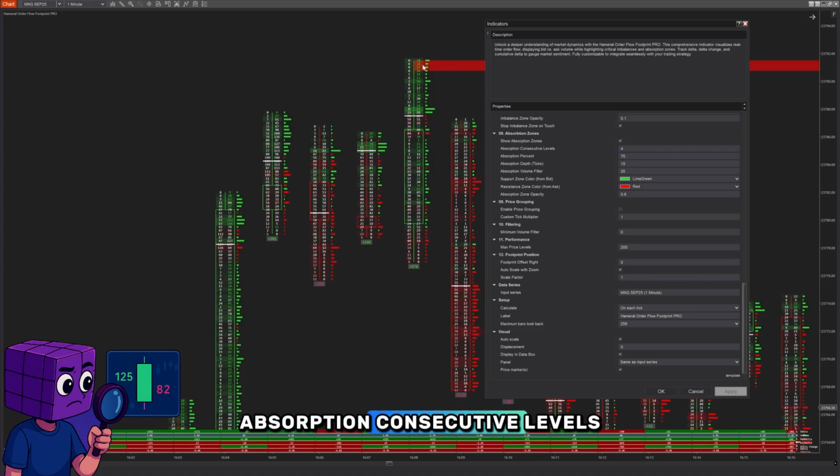Absorption consecutive levels. As I was saying, every asset has different behavior. We have to observe at the top and bottom how many levels with imbalance we have each time. So absorption consecutive levels is the number of price levels that must show absorption in a row to form a valid zone.